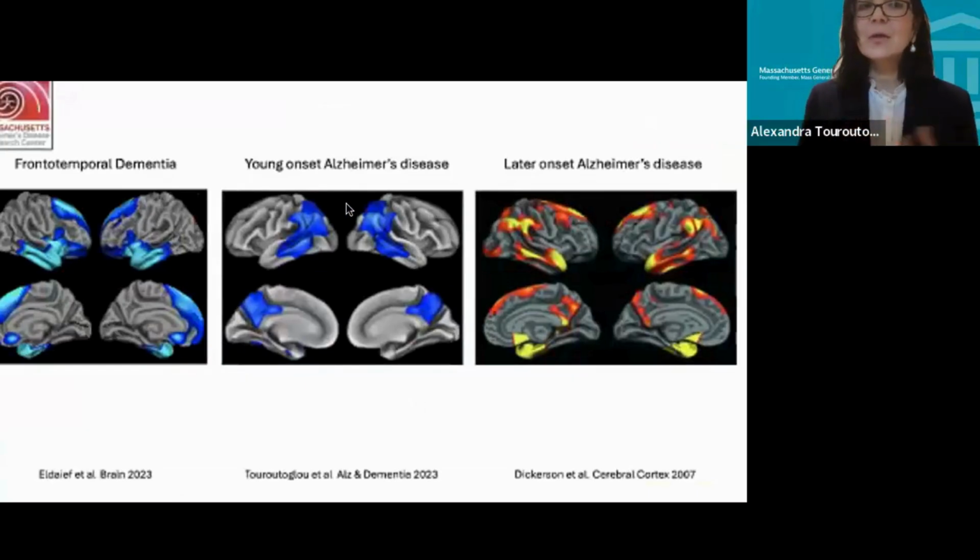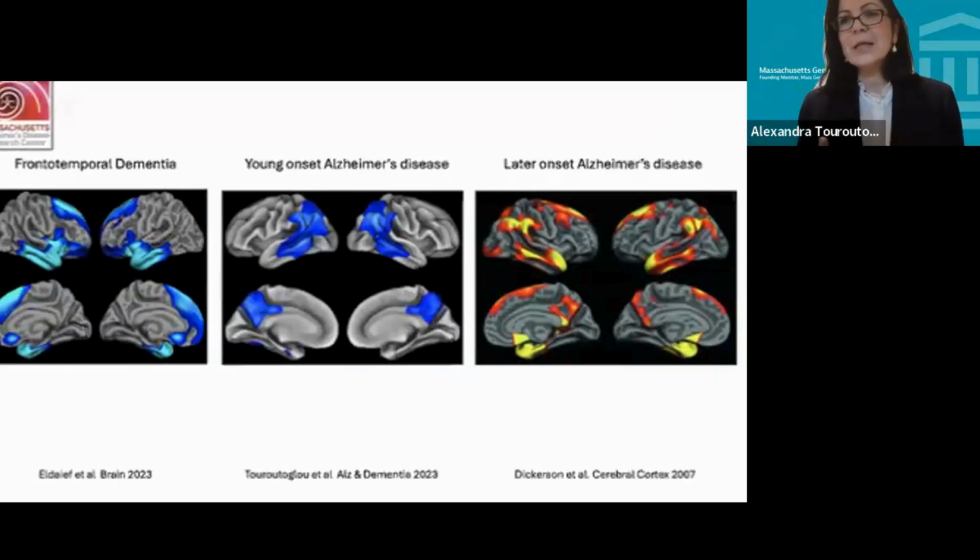This is young onset Alzheimer's disease that we studied and published our work on in 2023, where we had 200 patients. This is a type of Alzheimer's disease that affects people in their 40s and 50s, at the peak of their career, earlier than 65 years old. This is a more rare form of Alzheimer's disease.